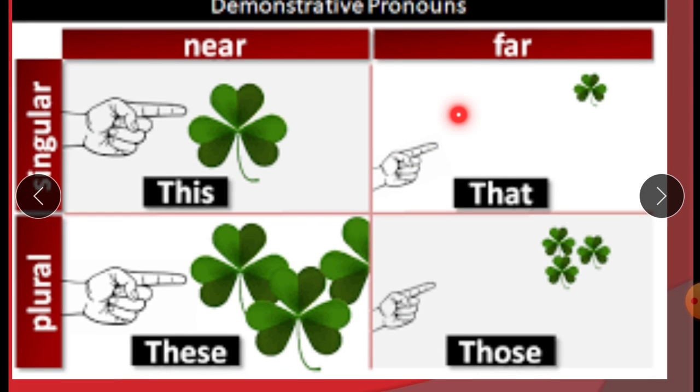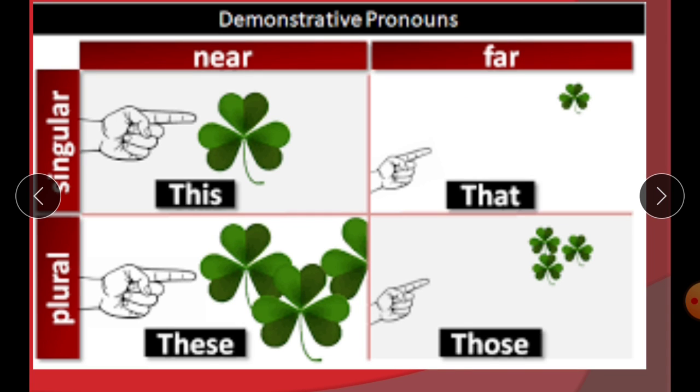Now let's see demonstratives, that is this, that, these and those. For singular we use this or that, and for plural these or those.